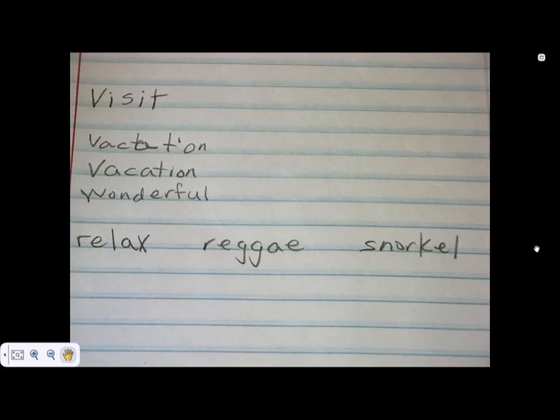Enjoy a cold drink on the beach, listen to great music, sigh and sink your feet into the warm golden sand. Just relax. Let your eyes get heavy as you soak up the sun. But don't forget to snorkel. Come, Jamaica is waiting. All right, very good.